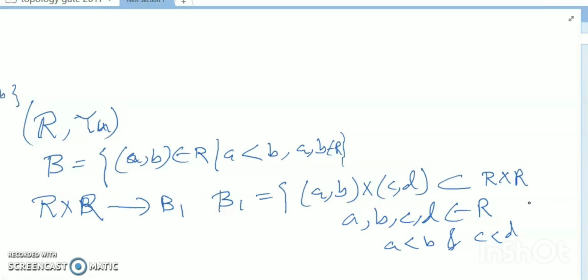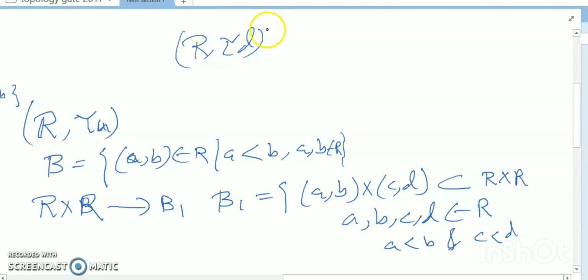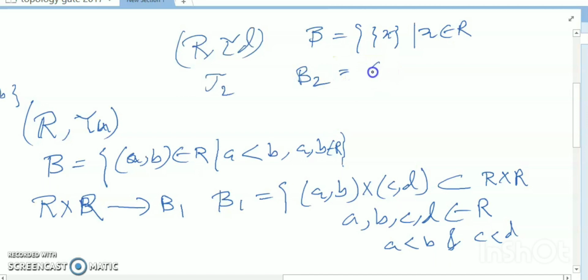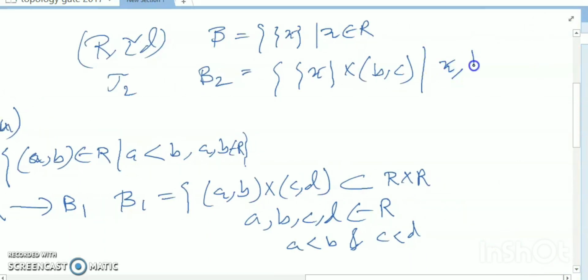So for (R, tau D), the base B equals the singletons {x}, where x belongs to R. And B2 for tau 2 is equal to {x} cross (b, c), where b, c belong to R and b less than c, because it is the usual topology.